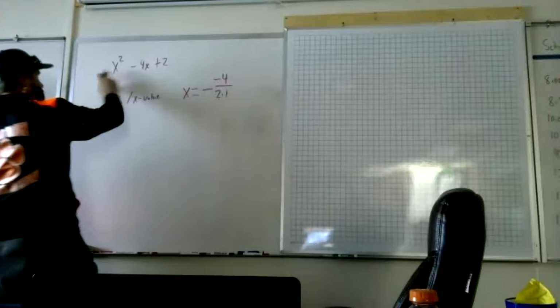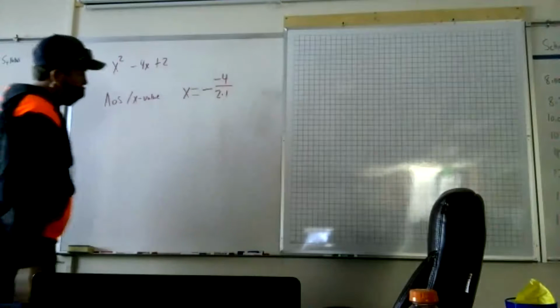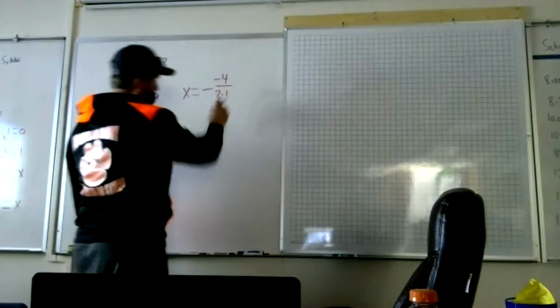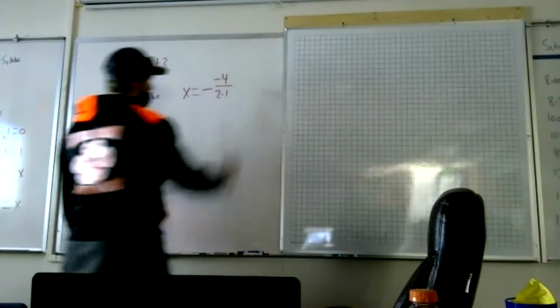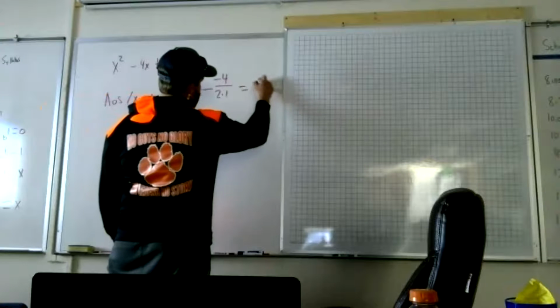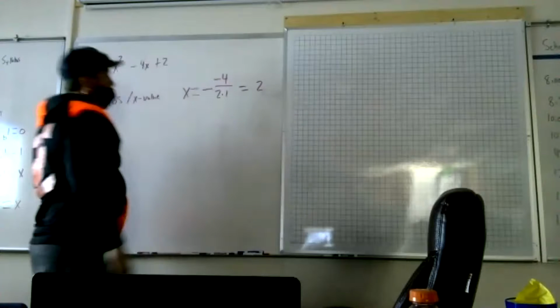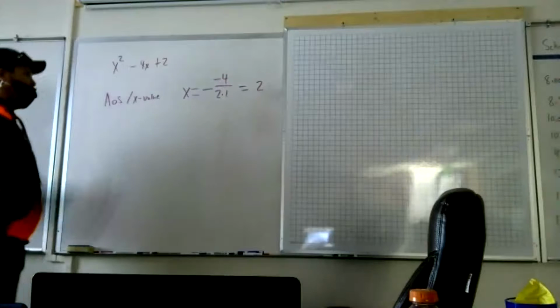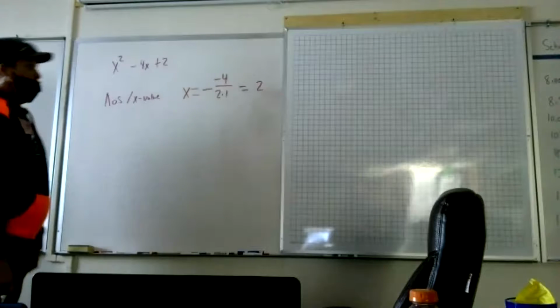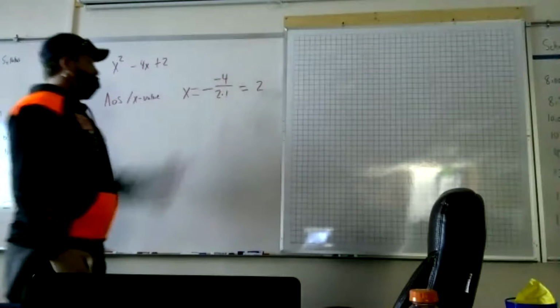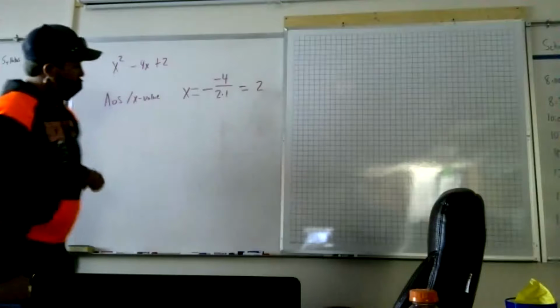Because my a value is 1, my b value is negative 4. So these two negatives are going to cancel out, and I'm going to be left with a positive 2. Because 2 times 1 is 2. Negative 4 over 2 is negative 2. The second negative cancels out.